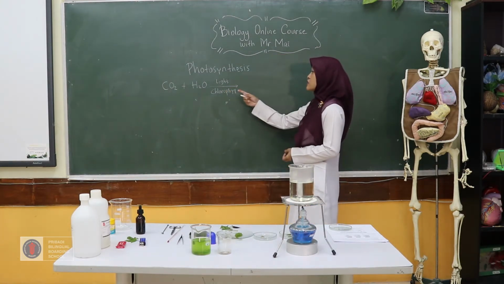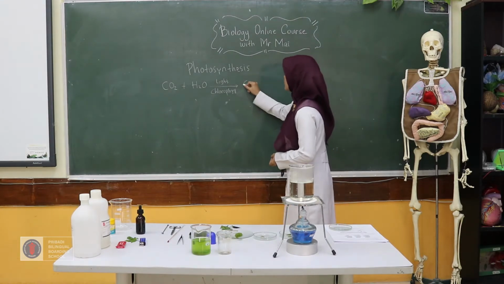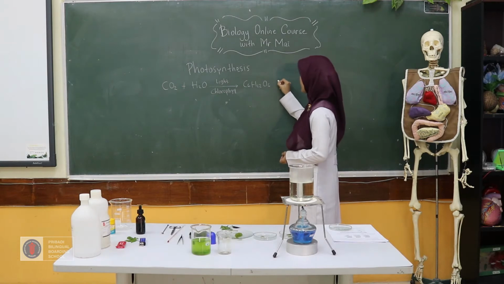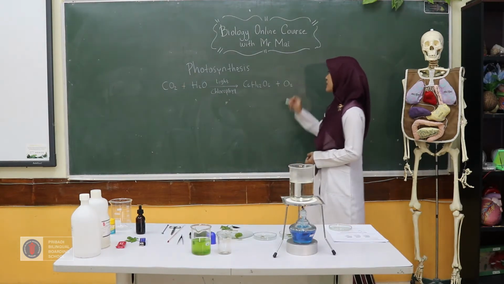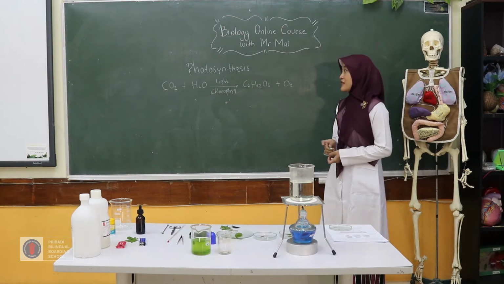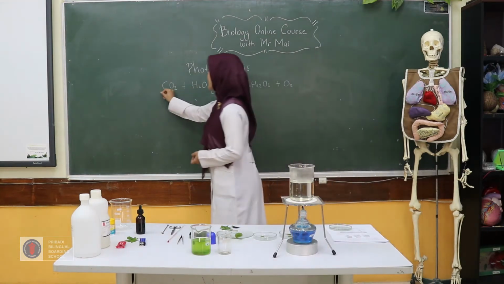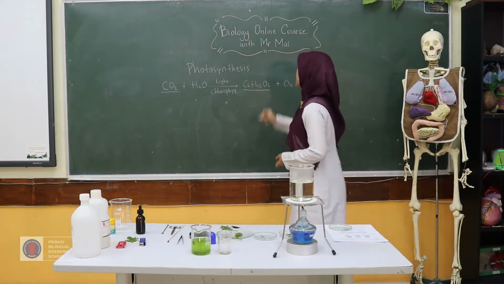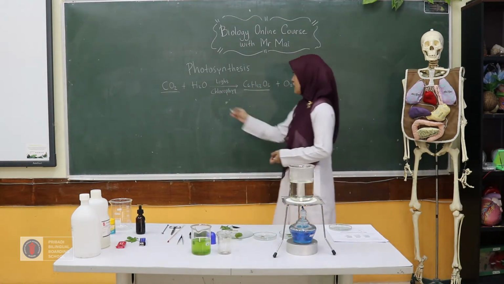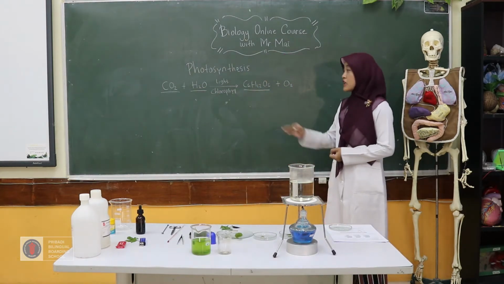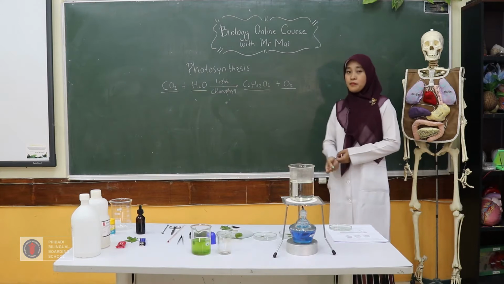And it will produce glucose and also oxygen. So from this formula we can see that the carbon dioxide will produce the glucose, and the water is a source of photosynthesis that will make the oxygen.